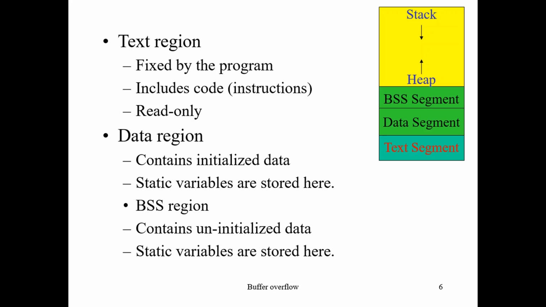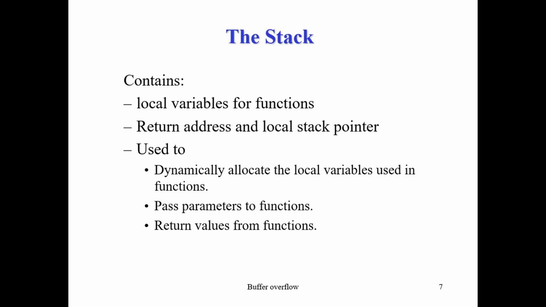It includes code instructions and is read-only memory. The data region contains initialized data, static initialized variables set by the programmer. The BSS region contains uninitialized data, like uninitialized variables set by the programmer. And then we have the stack.